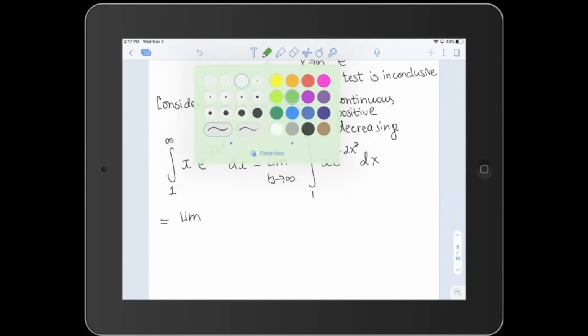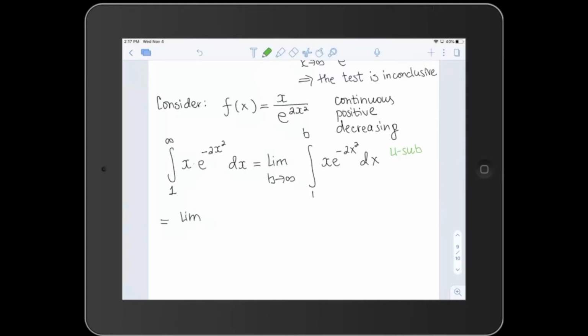Let me make a note here. This is a u sub problem. If you do it correctly, what you get for your antiderivative is negative 1/4 e to the power negative 2x squared. So that's your antiderivative. We need to evaluate this expression between 1 and b, and then take the limit as b goes to infinity.